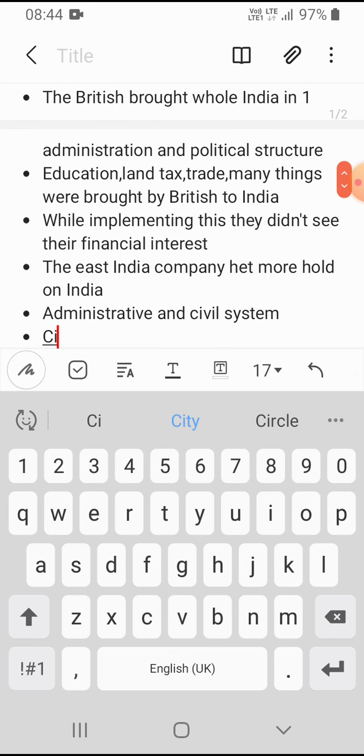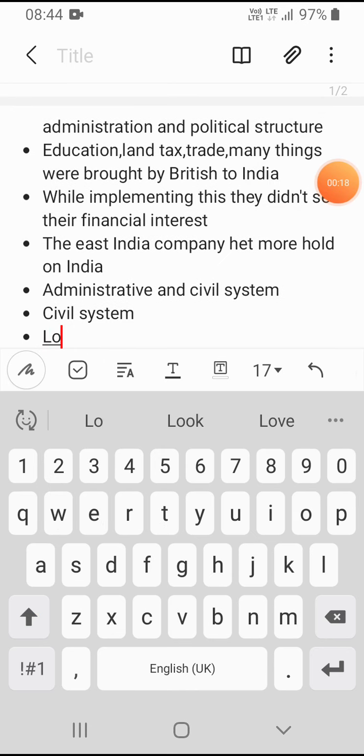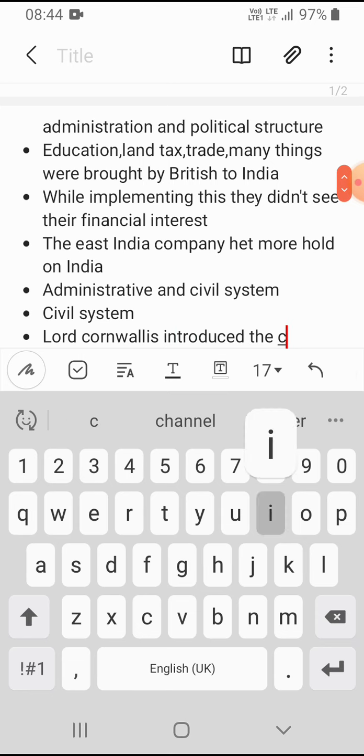So first let's know about the civil system. The civil system was introduced by Lord Cornwallis in administration.